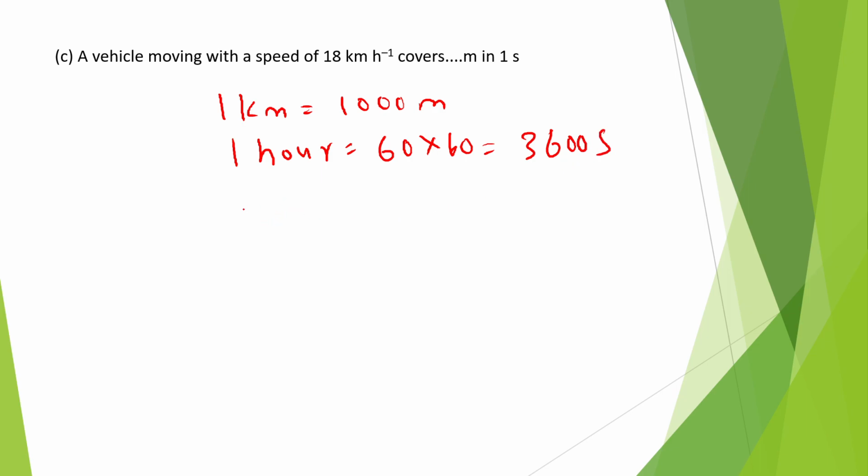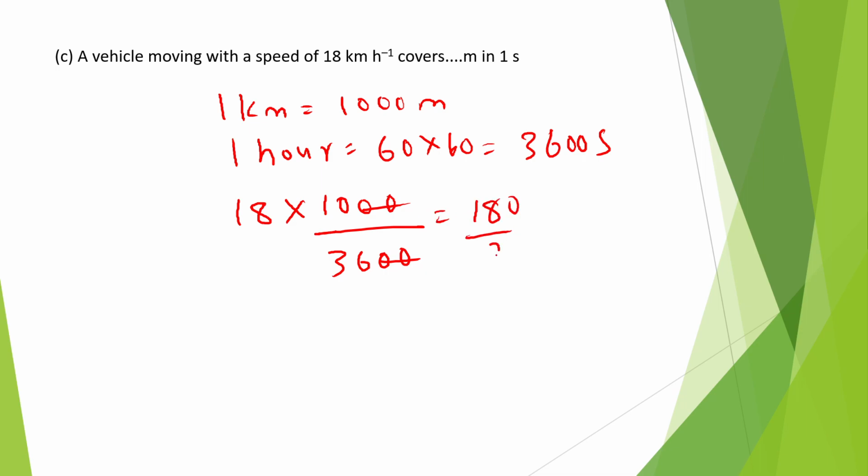So 18 kilometer per hour, you can write 18 multiplied by 1000 divided by 3600. So once you do this calculation, you can cancel, and you will be getting 180 divided by 36, that is nothing but 5.